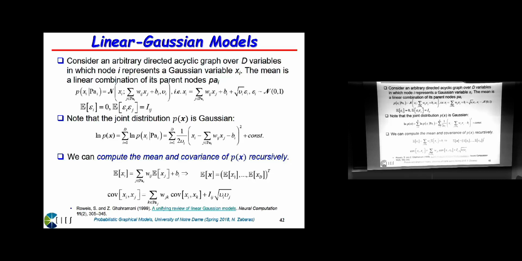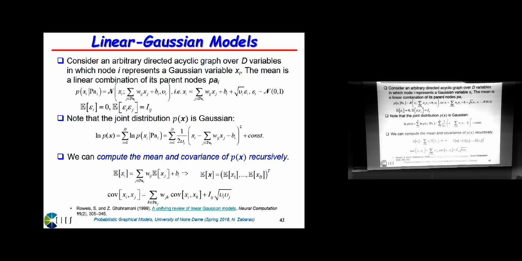So let's say this is a linear Gaussian model. You can think again of a directed graphical model where these conditional distributions of xi given its parents, we're going to model as a linear Gaussian model. What does that mean?